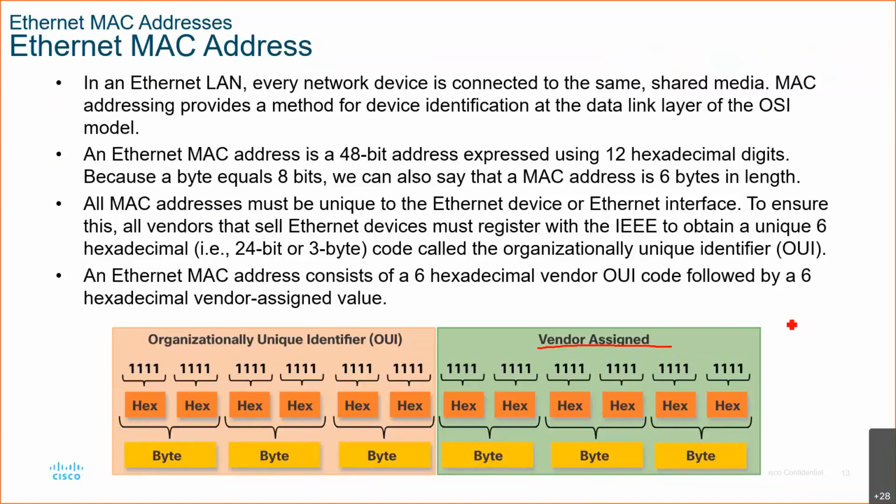That means every device, IoT devices, computers, mobile devices, switches, routers, anything which has a network interface card inside it should have a unique hexadecimal value. There shouldn't be any repetition.